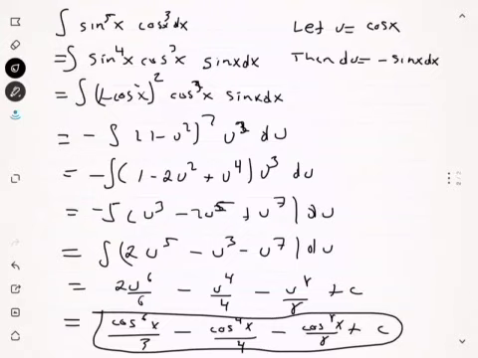Anyway, now what if both of the powers are even? So let's say, for example, you have something like the integral of sine squared x cosine squared x dx. In that case, you would have to use half angle identities.